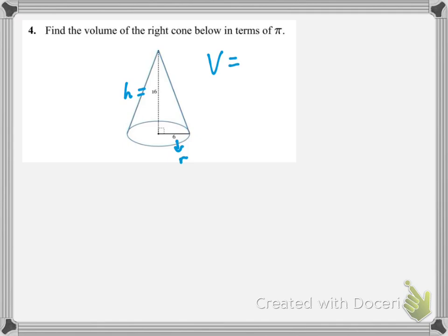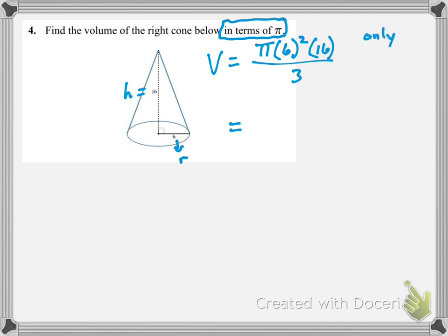So volume pi times 6 squared times 16 divided by 3. But here's the catch. In terms of pi. So, I'm only doing 6 squared times 16 divided by 3.